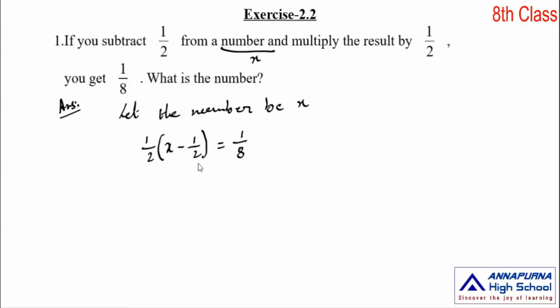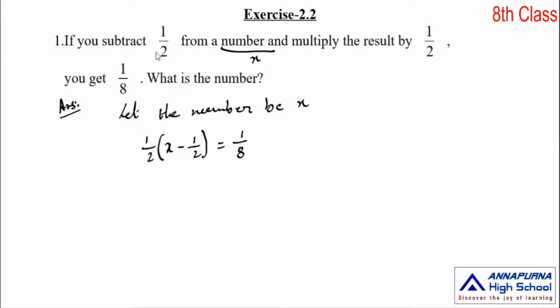Why? Because these two present the same kind of quantities. On the left side, what you have comes from x, and on the right side, what you have comes from the given.